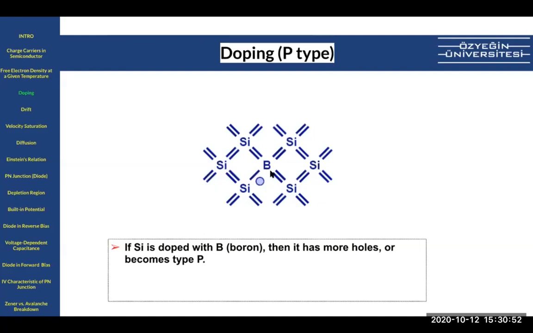And this hole count is equal to the number of borons, because boron is only missing 1 electron to form the bond with silicon. So how many acceptors we introduce becomes how many holes become available in that structure.